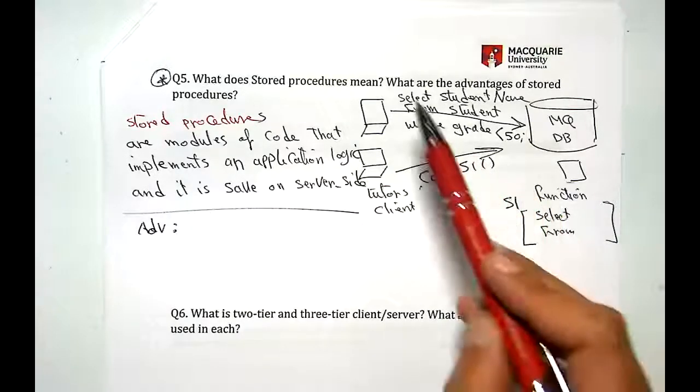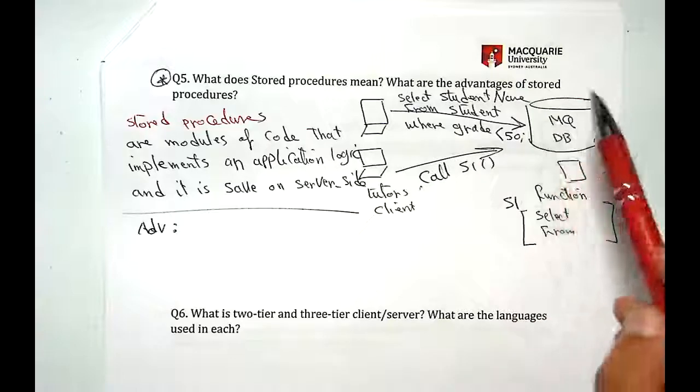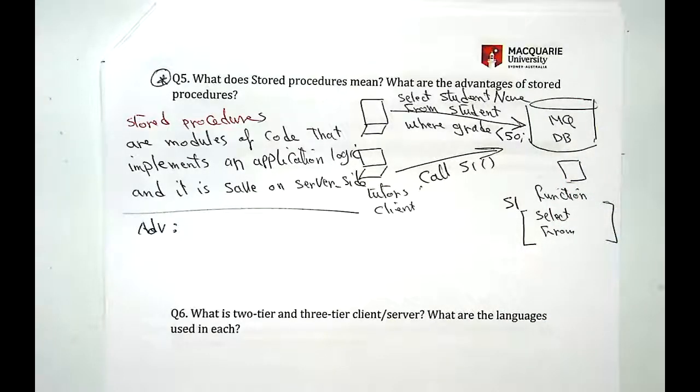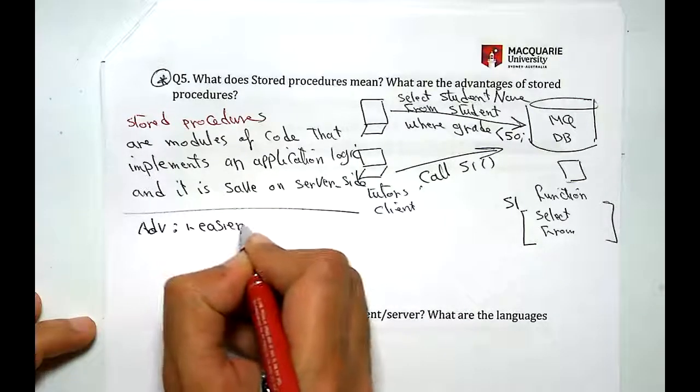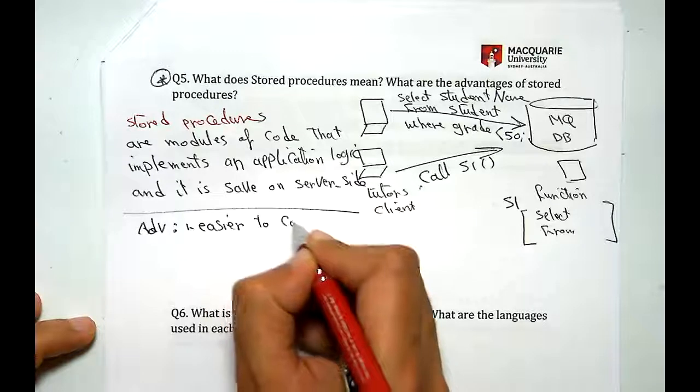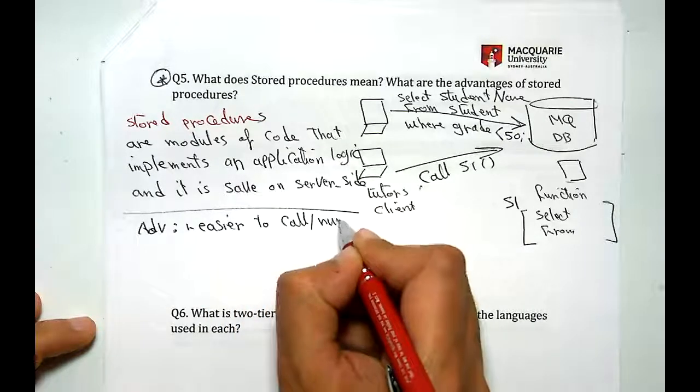Instead of sending the query over and over again, we save it on the server. It would be a lot easier to call it, essentially. So easier to run. Yeah, so I don't have to write the whole query, I will just call it. So maybe easier to call or run.